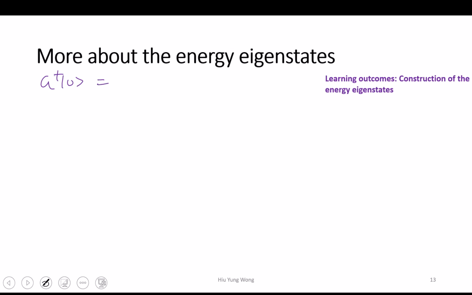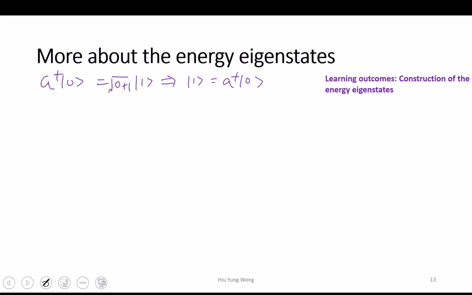At least you need to know that it becomes 1, yes. And then square root of what? Square root of 0 plus 1, always larger, 0 plus 1. So then what it means is that 1 equals A dagger acting on 0. Okay? I just put the right-hand side to the left-hand side.